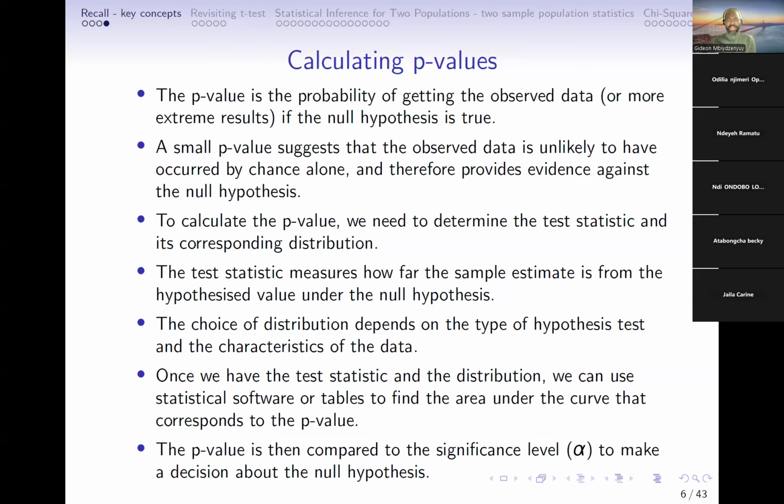Another way to think of it is that the test statistic helps you to see how far the sample estimate is from the hypothesized value under the null hypothesis. So that's one way to look at it: you're determining how close or far away the sample is from the hypothesized value. Does the sample reflect the hypothesis you are making about the population?